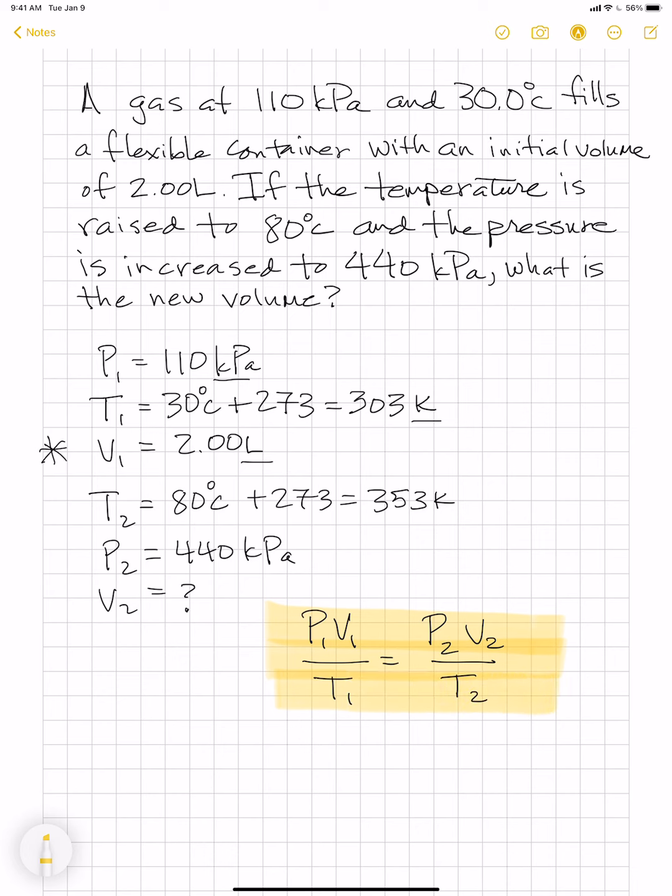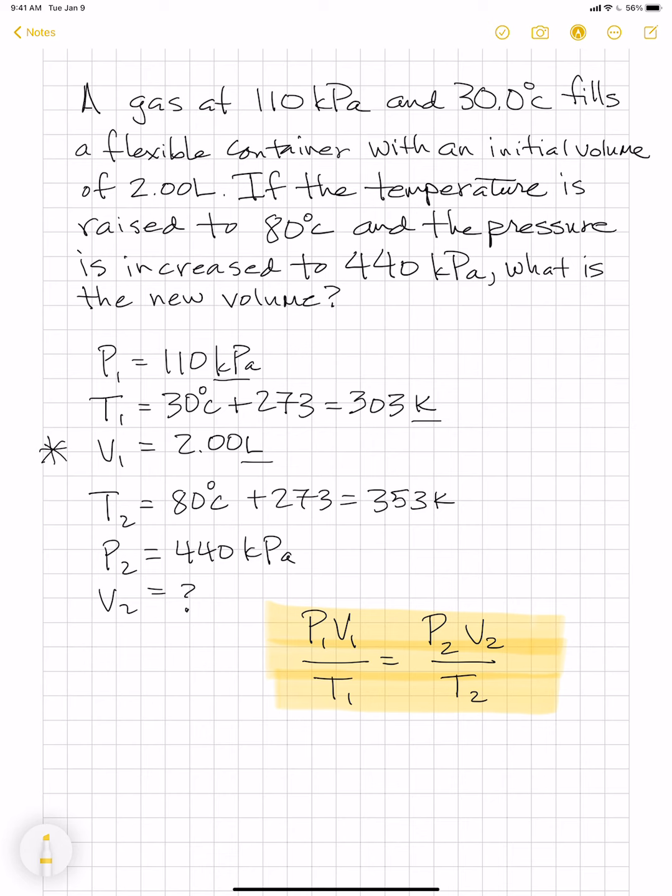All right, so this problem, okay, this exact problem you can find in your textbook, all right? And this exact problem is in the gas law chapter under the category of combined gas law. So you could go into the textbook and you could find this exact problem.